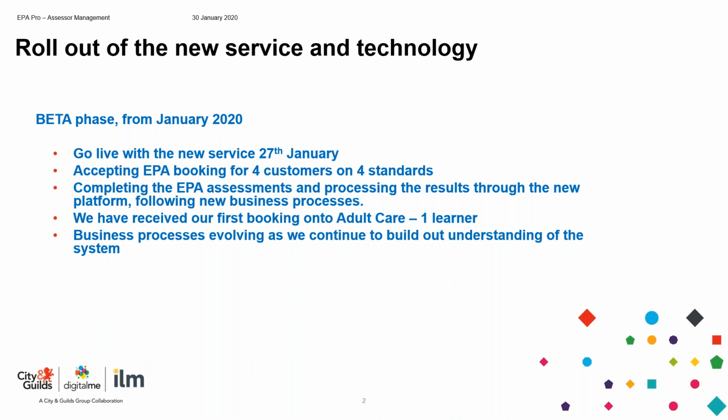We've actually received our first booking onto adult care, so we've now got 1 learner in EPA Pro, and there is 1 IEPA in adult care who has been allocated and has accepted the allocation. So I know that Rebecca's been in contact with that person, and we're reassuring her that the support will be coming and giving her as much support as we can in the meantime.